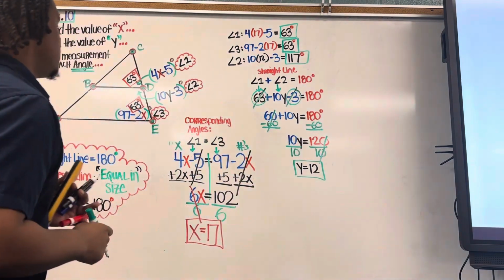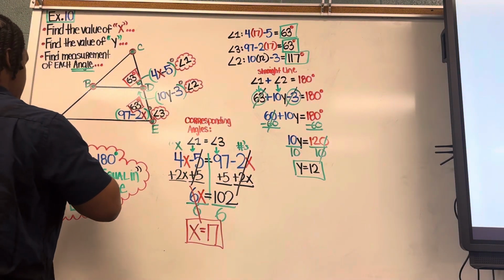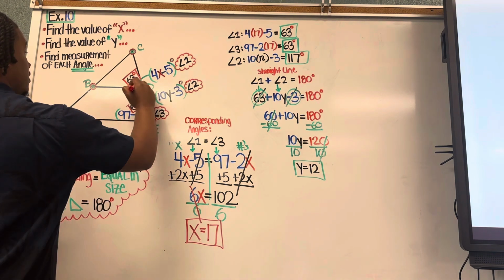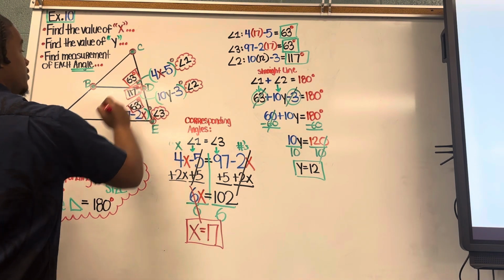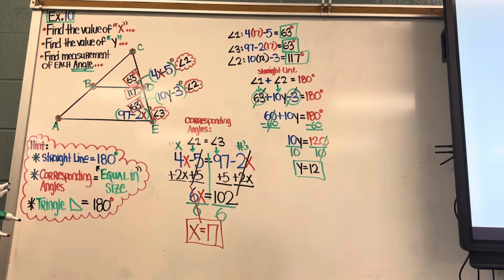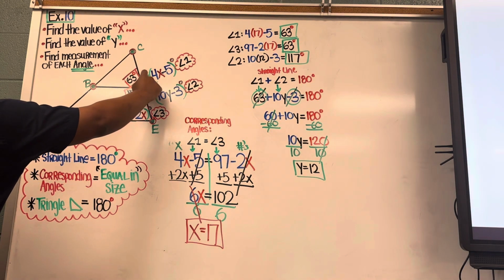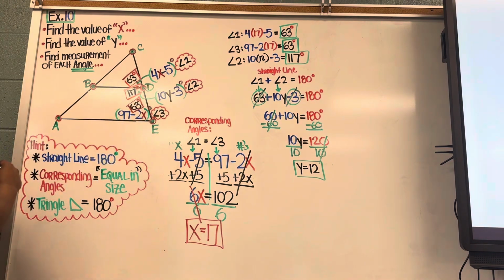So this angle right here is actually 117 degrees. And to prove that it's 117 degrees, remember 63 and 117 must equal 180 because they sit on a straight line.